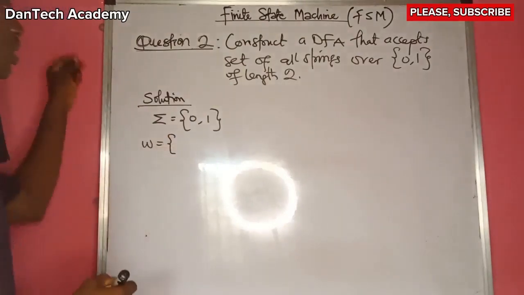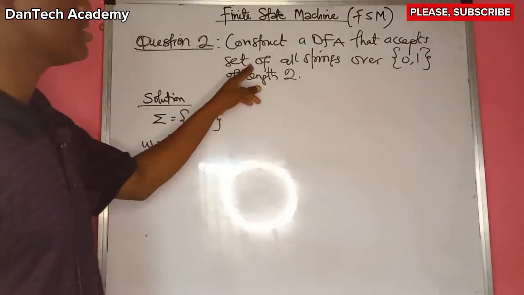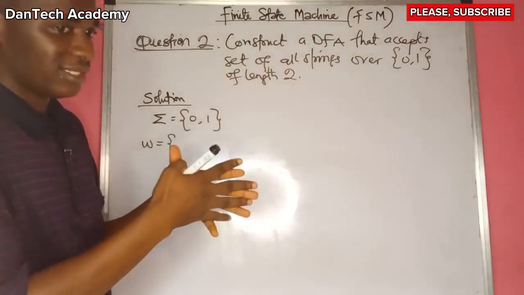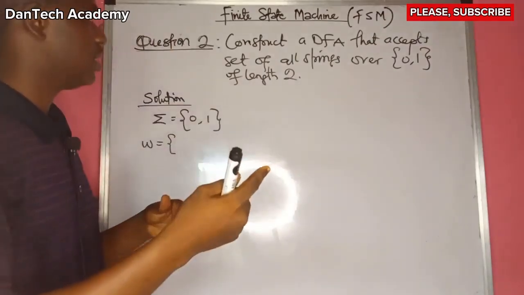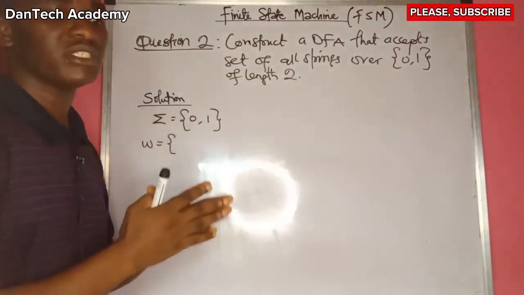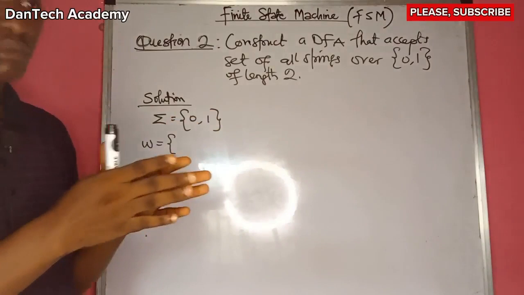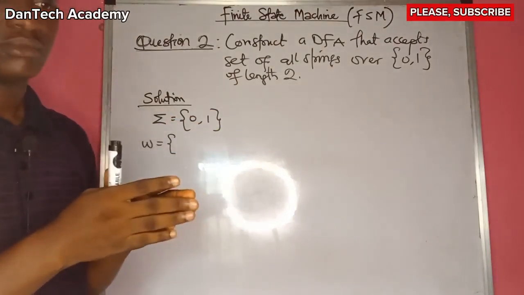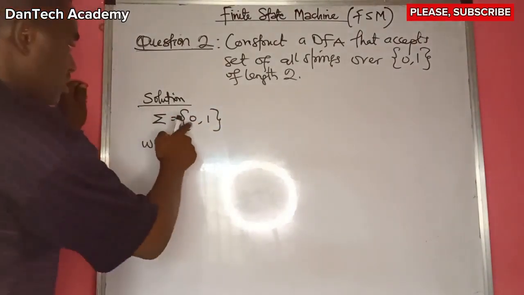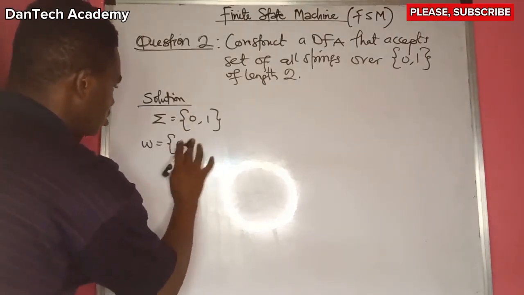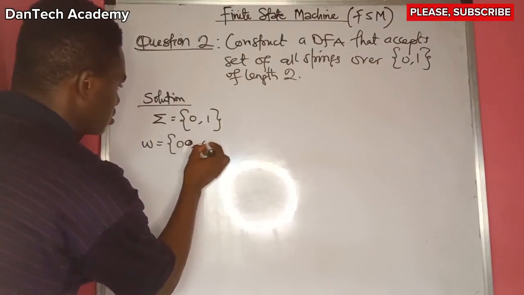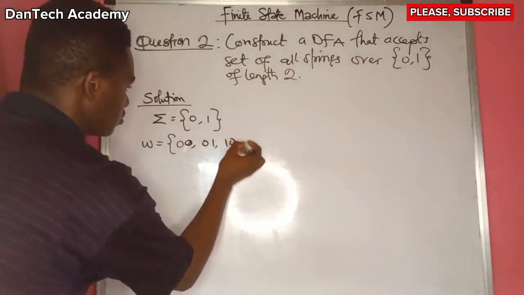The question says accept the set of all strings over 0, 1 of length 2. That means each of the strings is going to be a set of 2. So we have 0 0, 0 1, 1 0, 1 1.